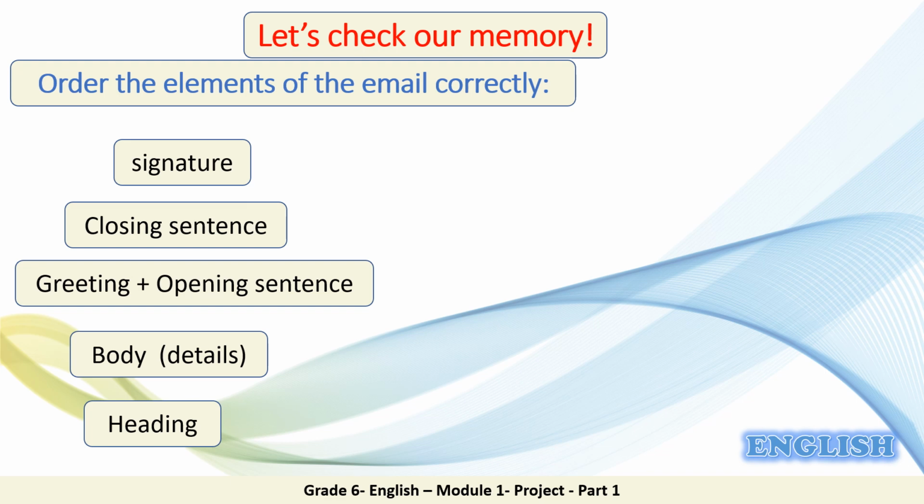Now, as you can see, these elements are not in the correct order. So, what I need you to do is to kindly pause the video, order the elements correctly, and then check your answers later.